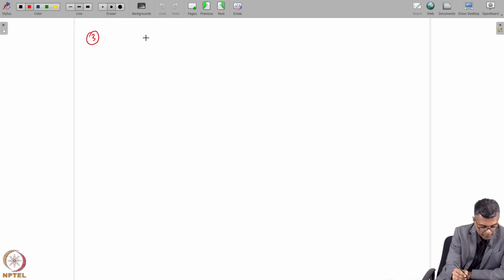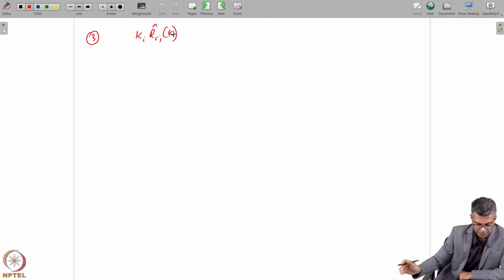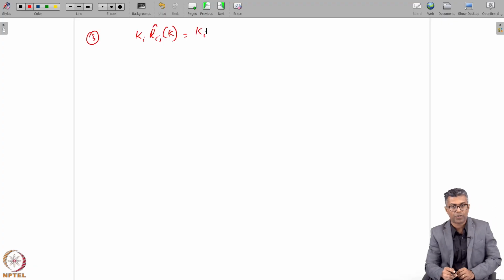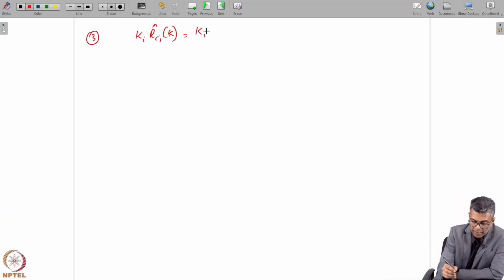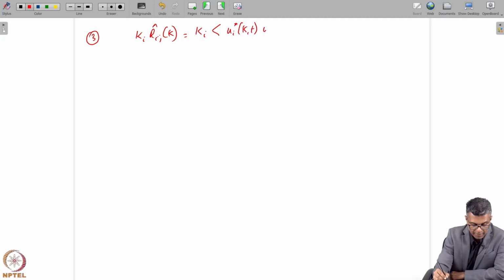Now kappa i Rij hat of kappa. This is what I have to show, right? Kappa i Rij hat of kappa. That is going to be equal to, I can just use the definition of Rij of kappa. So kappa i, covariance open, Ui star of kappa comma t, and then Uj hat of kappa comma t.